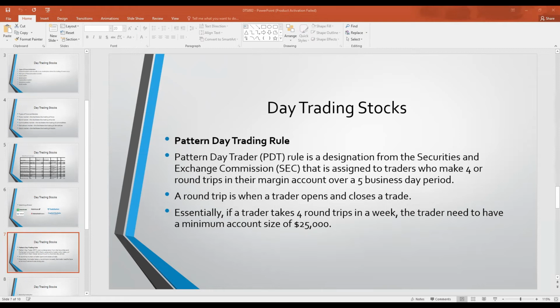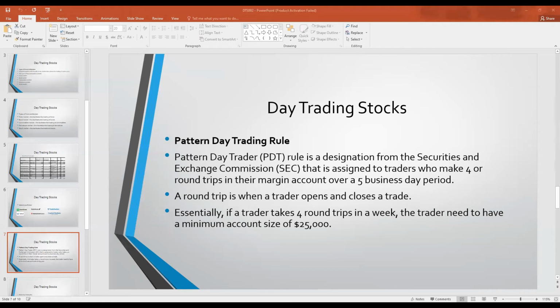The SEC classifies a day trader as anyone that makes 4 round trips in at least 1 week in their stock trading account. A round trip is where the trader opens a trade and closes a trade. So if the trader buys a stock, they open an order. When they sell the stock, they close the order.